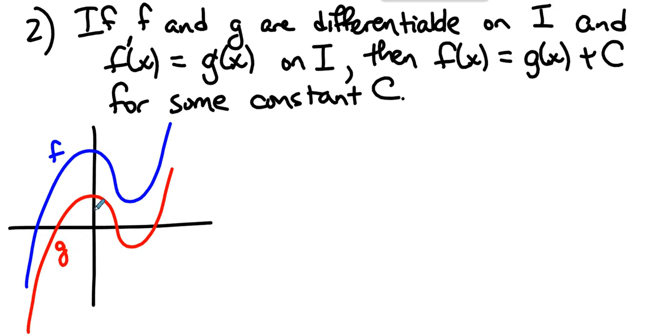You already know that if two functions are the same except for a constant, then their derivatives have to match because the derivatives don't depend on vertical shift. This corollary takes the logic the other way. If you know that the two derivatives match, the only way that can happen is for the functions to be the same except for a vertical shift. That's what this is going after.